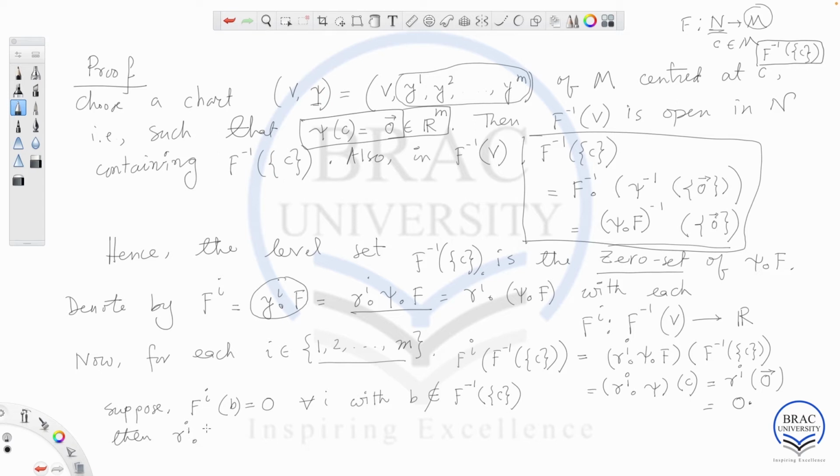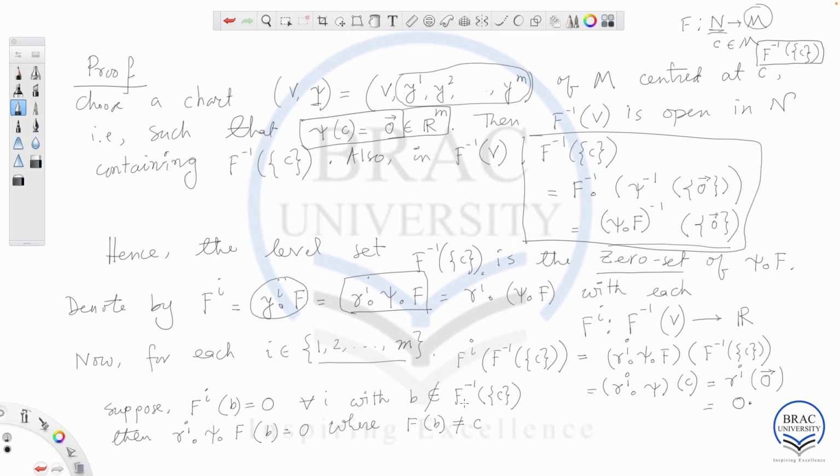So Ri composed with, so we are replacing the expression of Fi here. We know that Fi is equal to this, right? Fi is Ri composed with psi composed with F, acting on B is equal to 0, where F of B is not equal to C. Why?